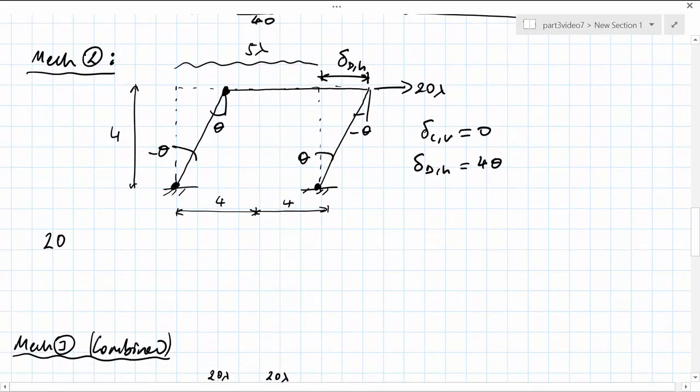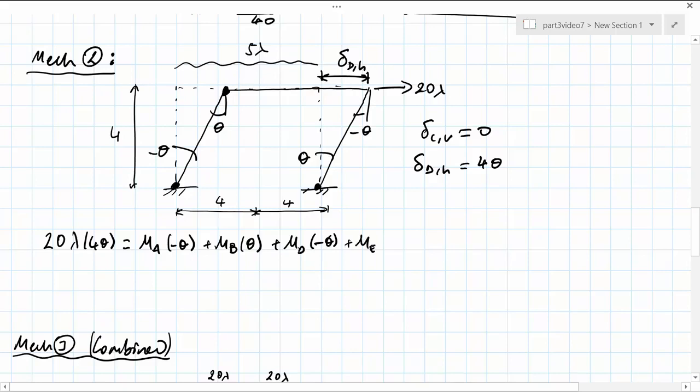By virtual work, then, 20 times lambda times 4 theta is equal to MA times minus theta plus MB times theta plus MD times minus theta plus ME times theta.